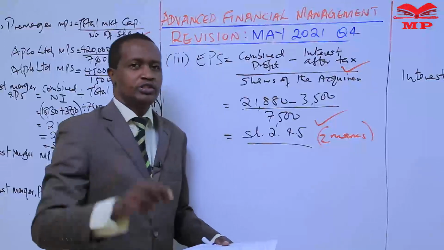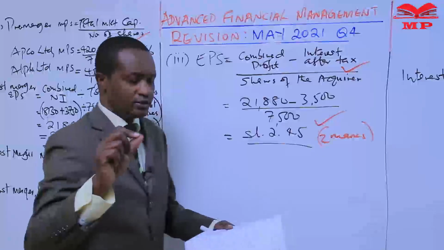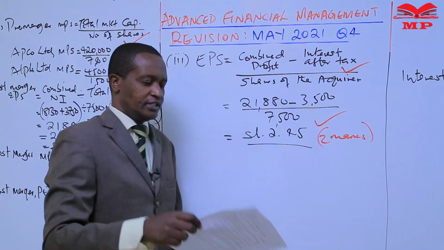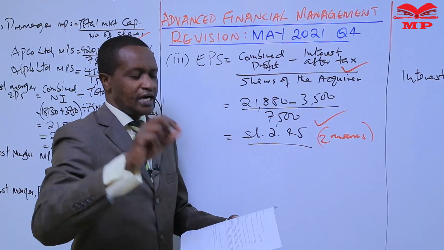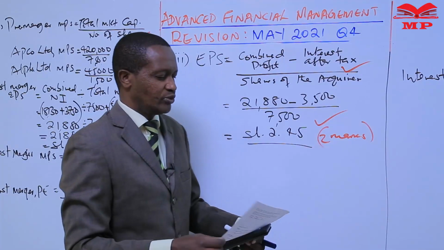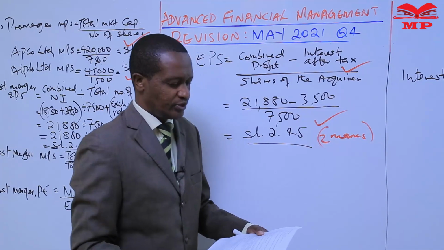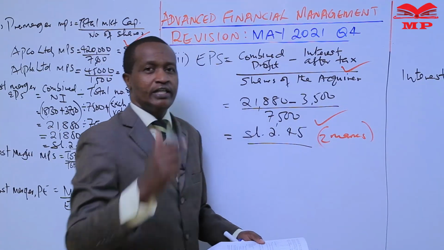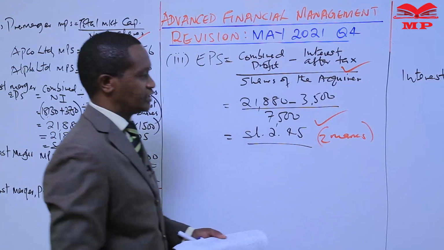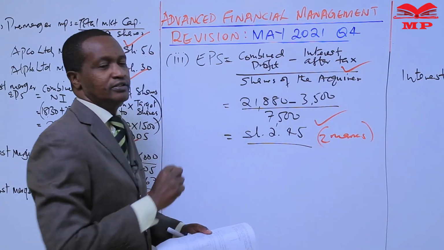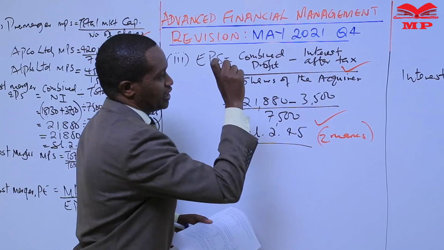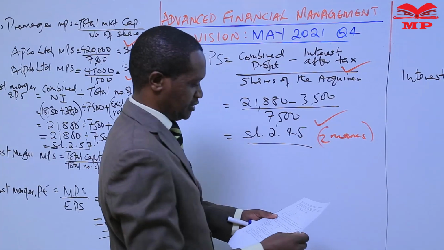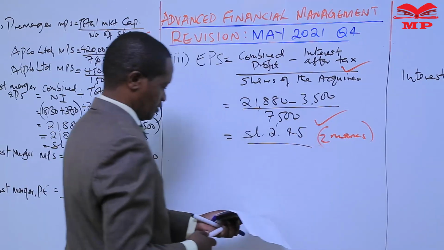We'll compute two share prices, one before the reconstruction, then the share price after the reconstruction, then we'll do the evaluation. We will check whether the reconstruction led to an increase or a reduction in the share price. That is the formula. So let's now begin.